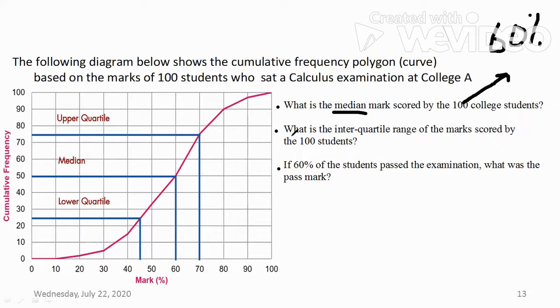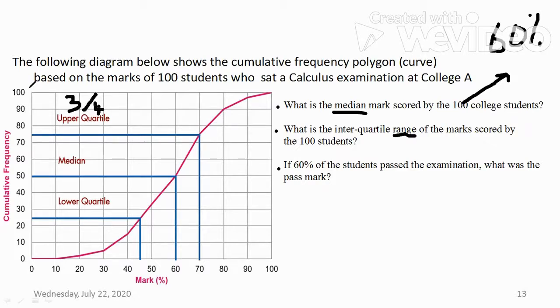Alright, so the next part of the question says what is the interquartile range? We all know that range means the difference between the highest value and the lowest value. So they're talking about what we call the interquartile range. You have something called the upper quartile, which is 75% of the frequency, or 3/4 of the frequency.